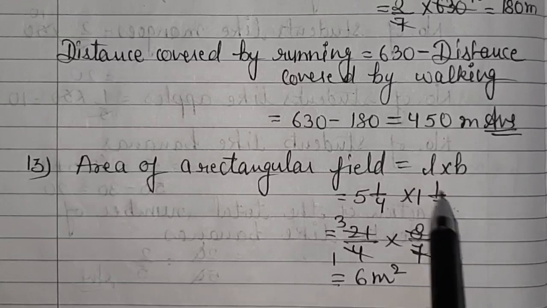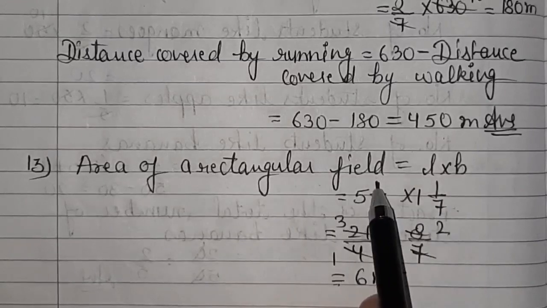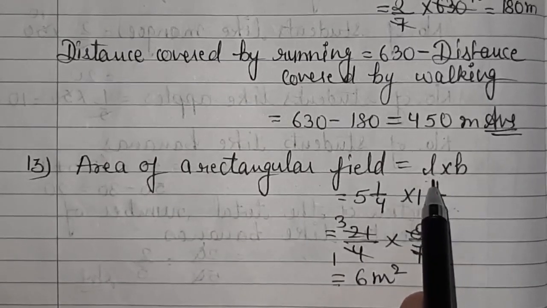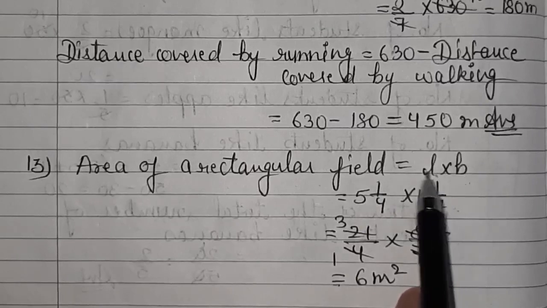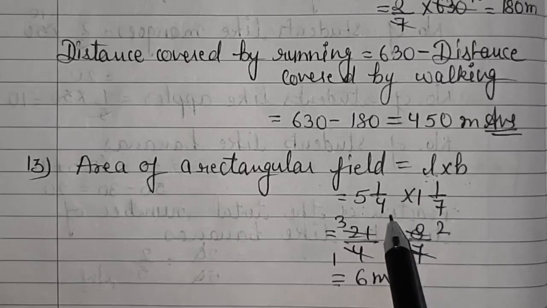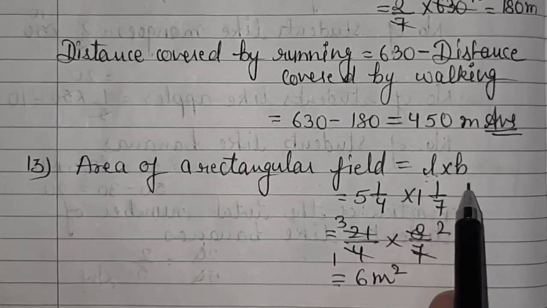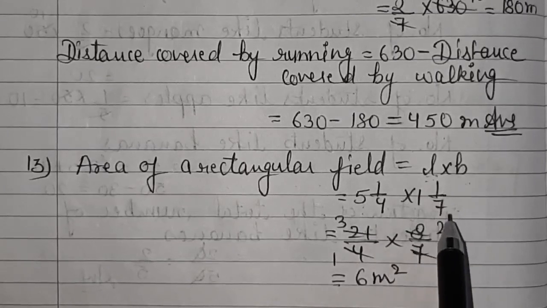We know that to calculate area of a rectangular field, we use formula length into breadth, L into B. So instead of length, put 5 whole 1 by 4 multiplied by, instead of B, put 1 whole 1 by 7.